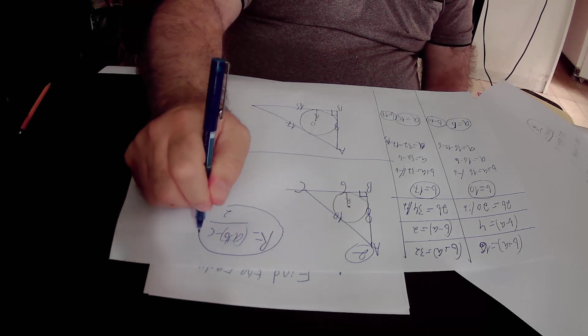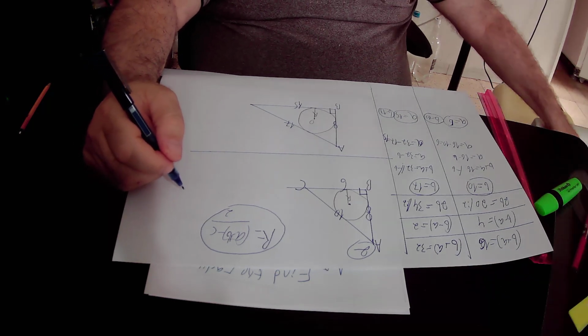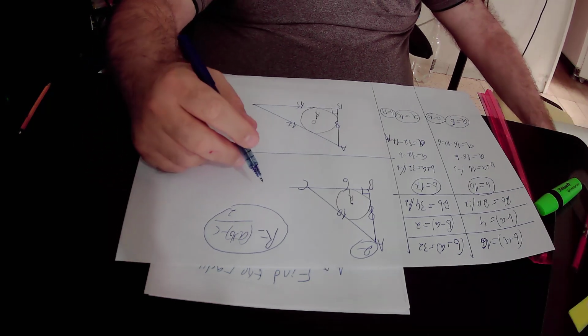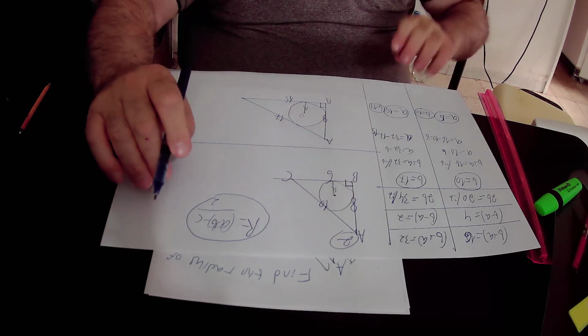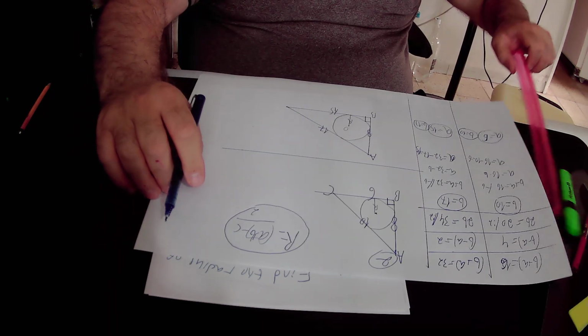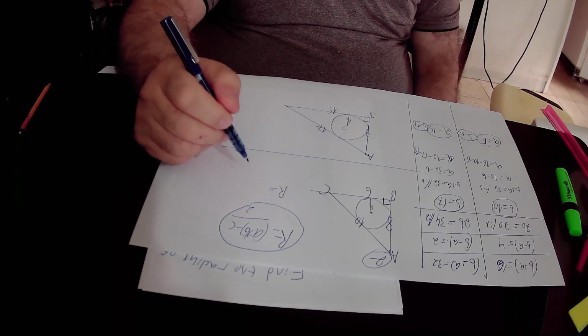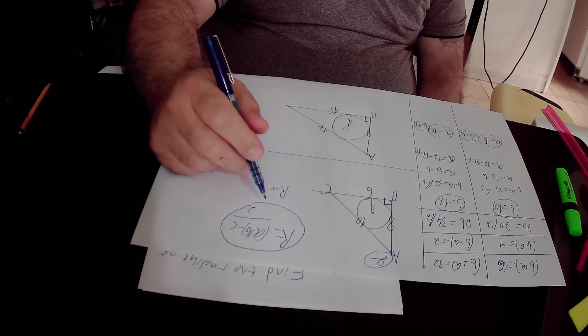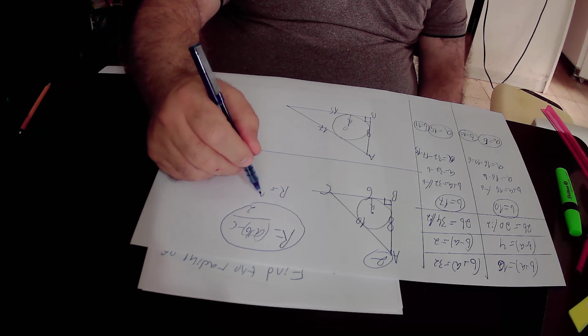So we'll find out the radius of the first circle that is described by this specific triangle, triangle ABC. The radius will be equal to A plus B, the sum of the perpendiculars.